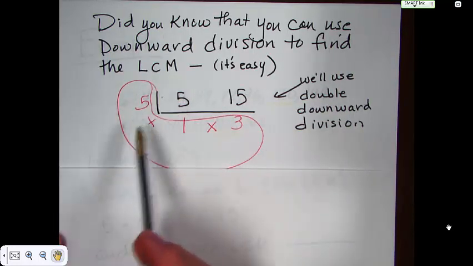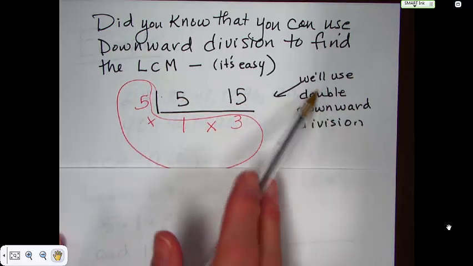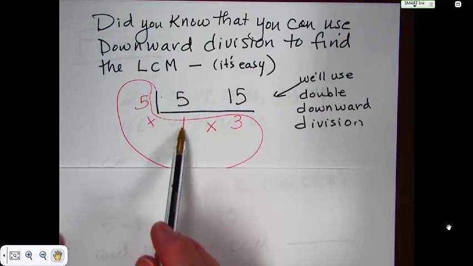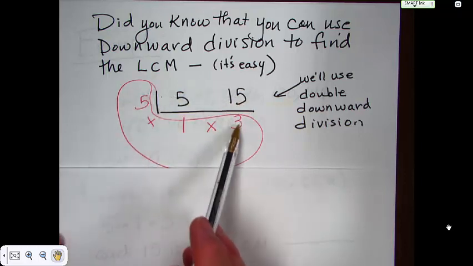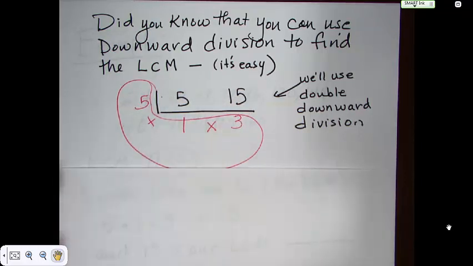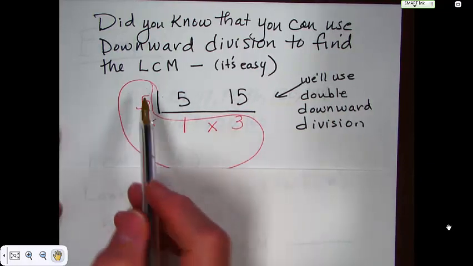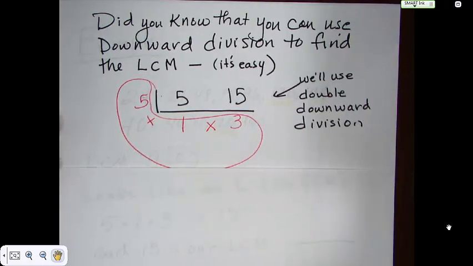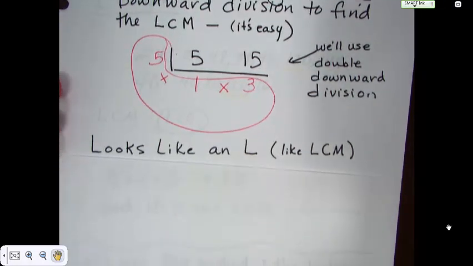With double downward division, I took 5 into 5, that went once, 5 into 15 went 3 times, and then I was done. And all I had to do was take 5 times 1 times 3, which gave me 15.